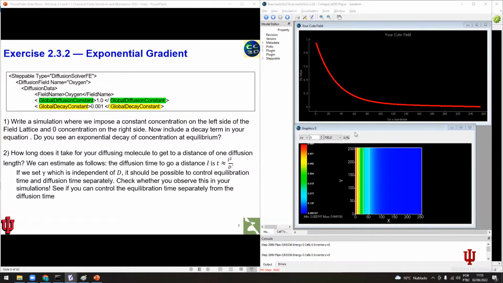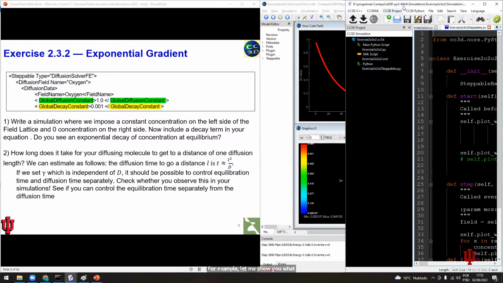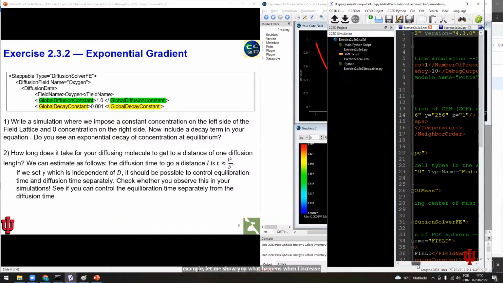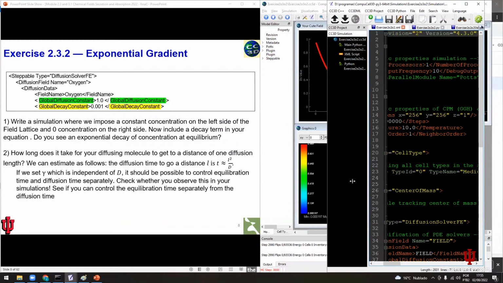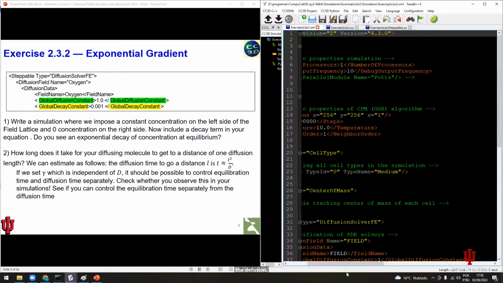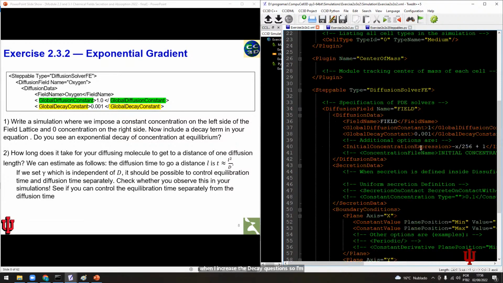For example, let me show you what happens when I increase the decay coefficient. So I'm going here on the diffusion solver FE, steppables onto edit.